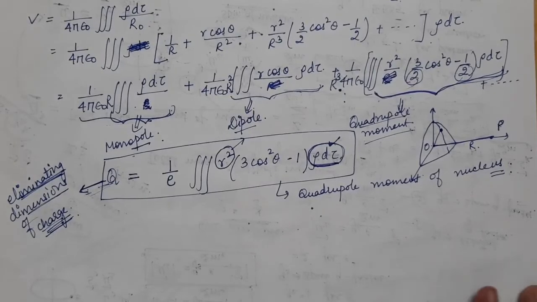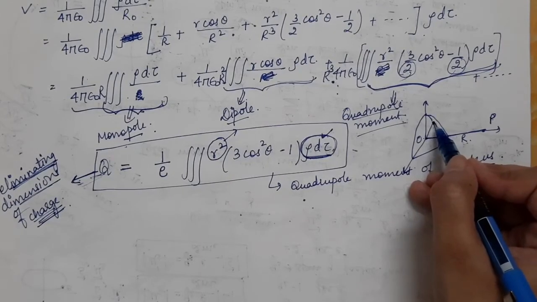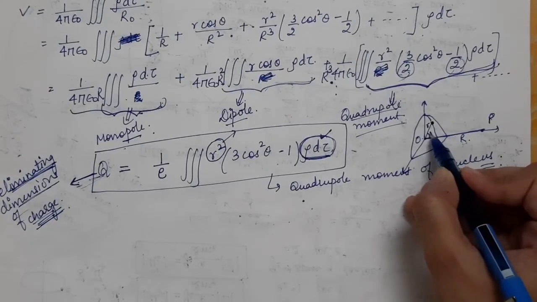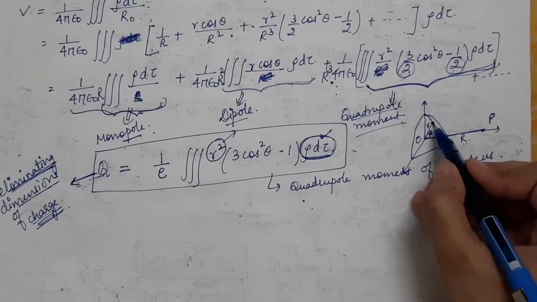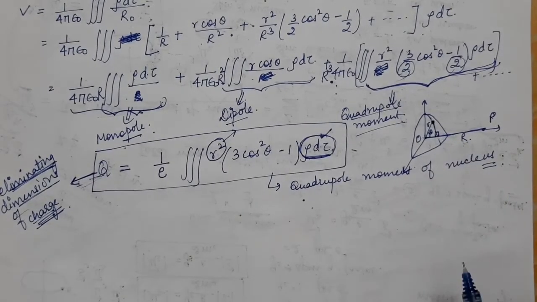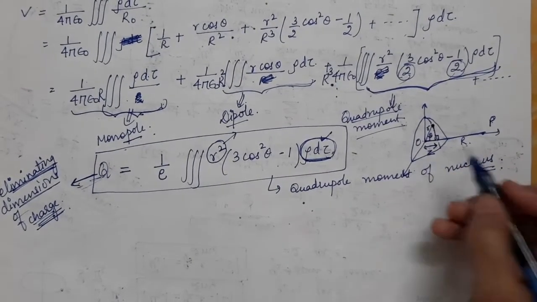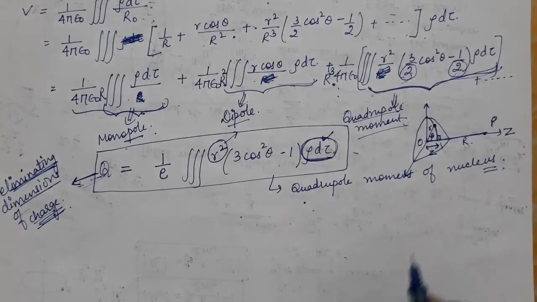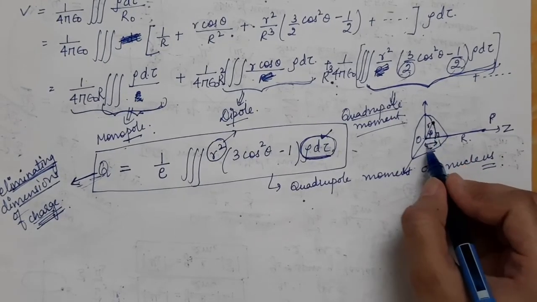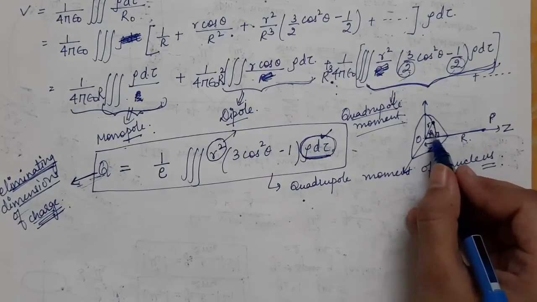Now in the diagram that we had drawn, this d tau volume element, its distance from the origin was small r and its angle was theta. So this point will have its projection on the z axis, which will be perpendicular to the z axis. So this length will be small z. Therefore this projection of small r on the z axis will be equal to small z, and the angle between small r and capital R was already taken as theta.